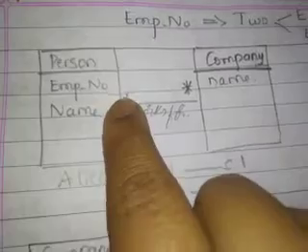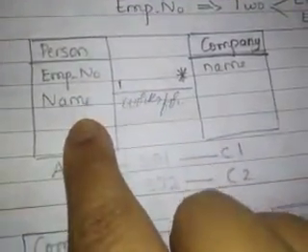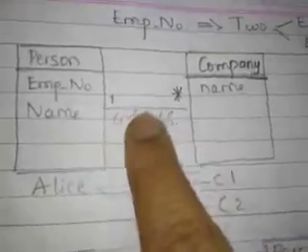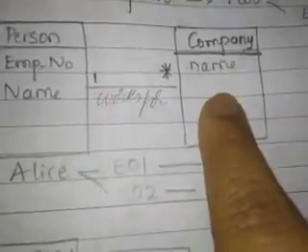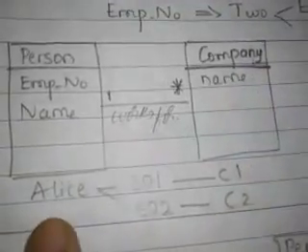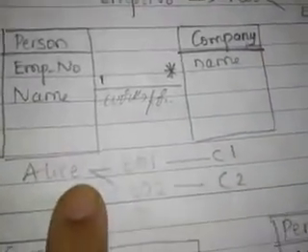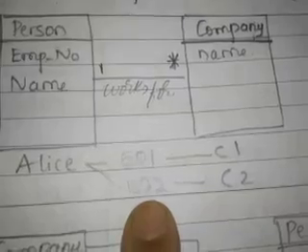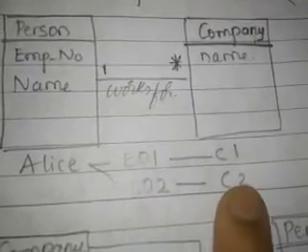So let me draw the class diagram. Initially, Person has an employee number and name. One person is now working for multiple companies. Company has a name. Let us take a person, Alice. Alice is working with employment number E01 in company C1 and she has employment number E02 in company C2.